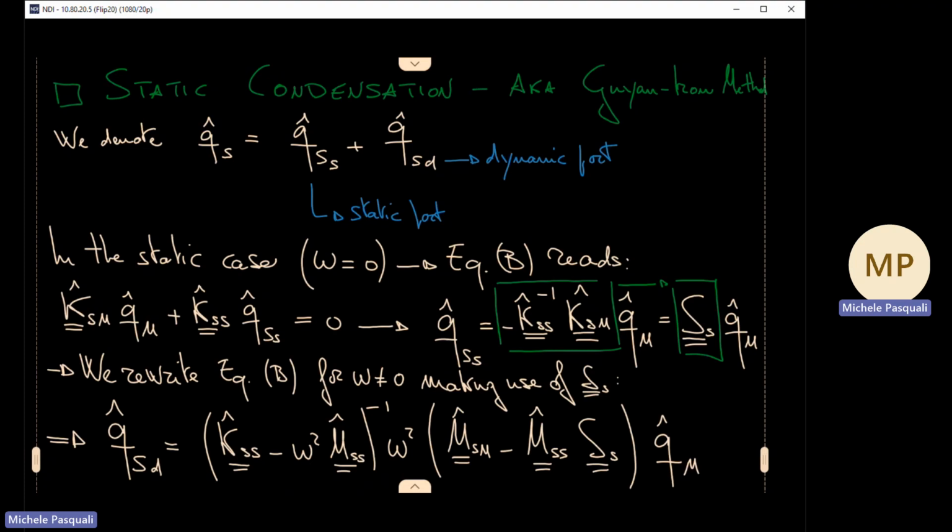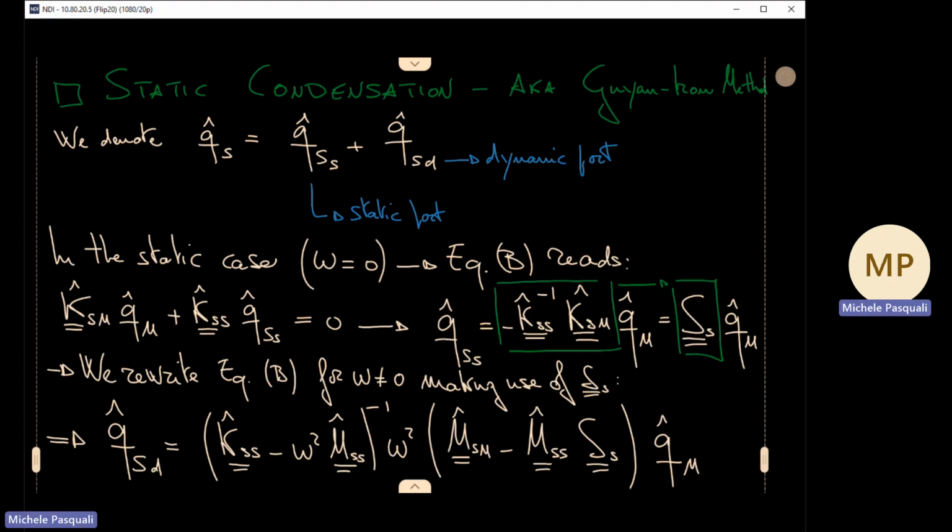Okay, so for example, you have a satellite with appendices, brackets and so on, which you want to condense in the central part of your satellite. If the brackets have an independent frequency, so basically a mode shape which only involves the motion of these appendices, with frequencies so high with respect to the frequency that you are interested in, then you can do this method.